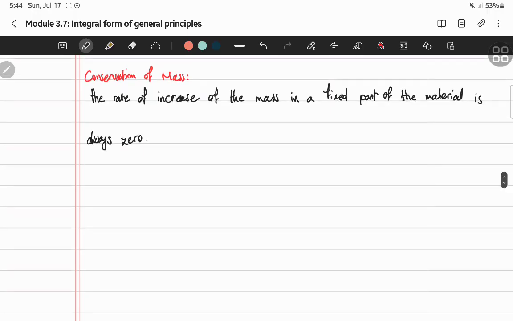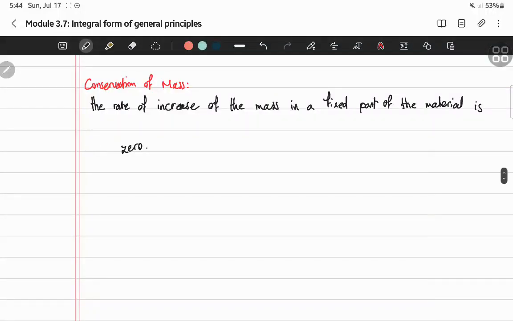This means that if you have, for example, deformation or something like that, then dm, that is the change in the material, is 0.